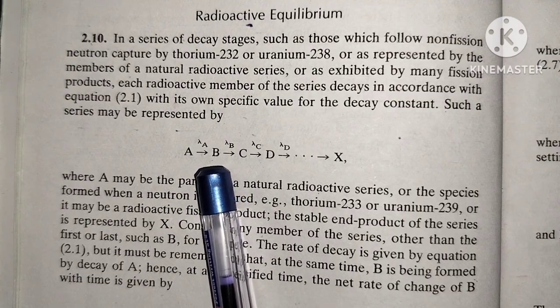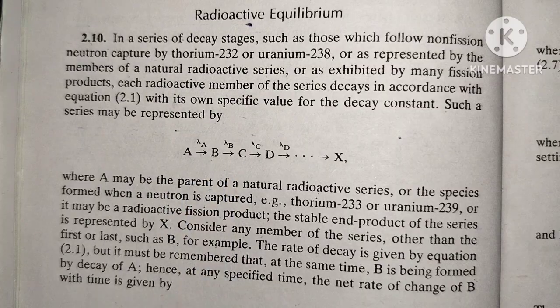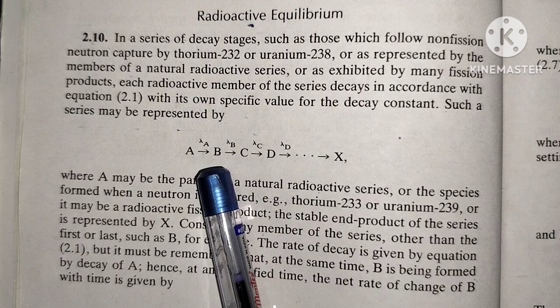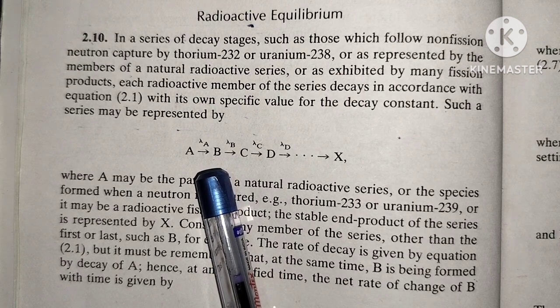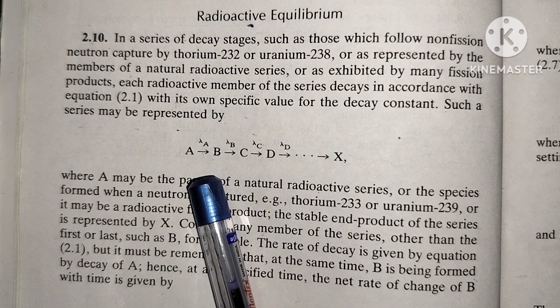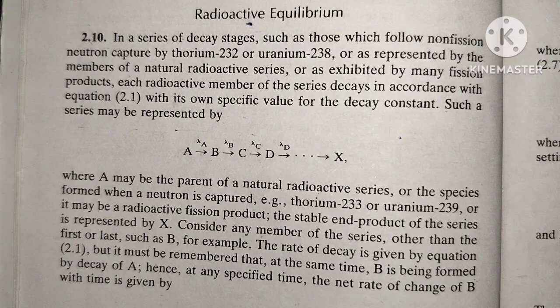So B is being produced as well as dying because of decay. In these situations, how can we find out how the number of nuclides of type B varies with time t? We have to calculate. This is a very simple equation. We can solve it, and you can very well understand.